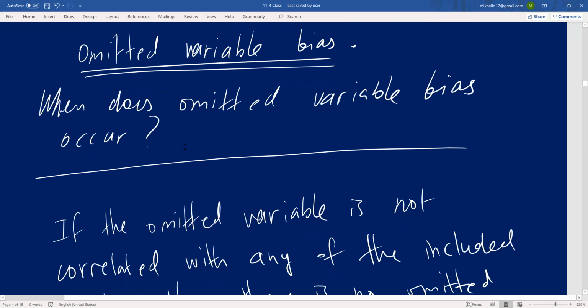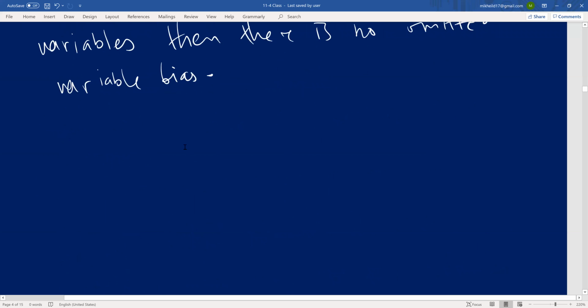What does it mean? Can I try? Sure, of course. So if we omit a variable and it's not correlated to other variables, it's okay that we omit it. Yes. But if we analyze it and see that it is related, then it can kind of move our whole result because it should be included and it shouldn't be omitted.